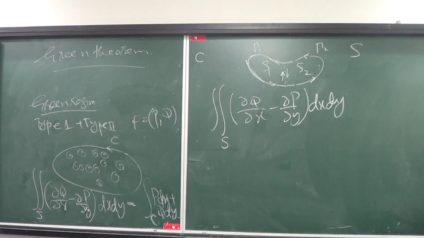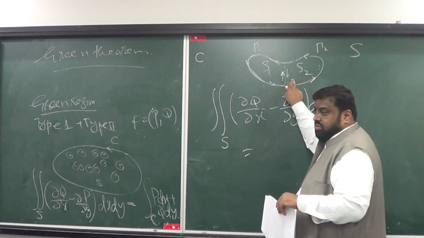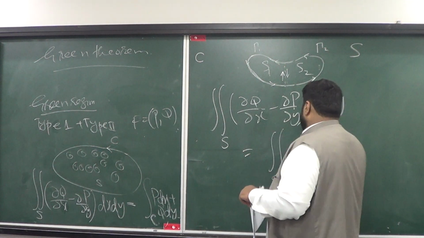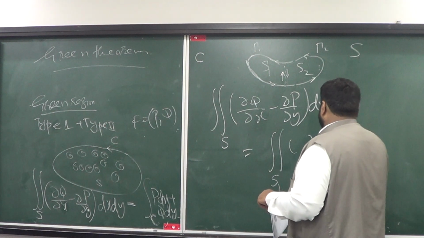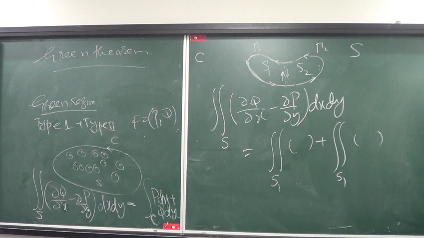Okay, so let's compute the circulations in the entire region. Then, since this S can be split into two parts, this would be the same as the integral over S1 plus S2. Right? The integrand is the same, so you can split it into the two parts.